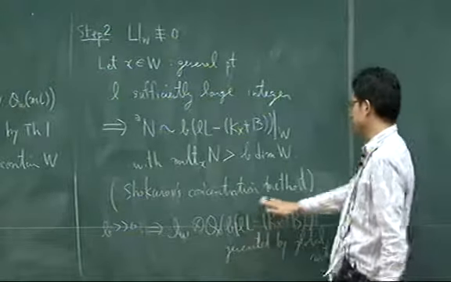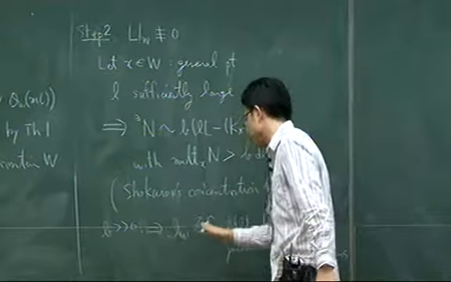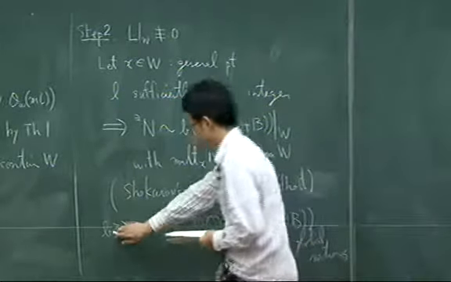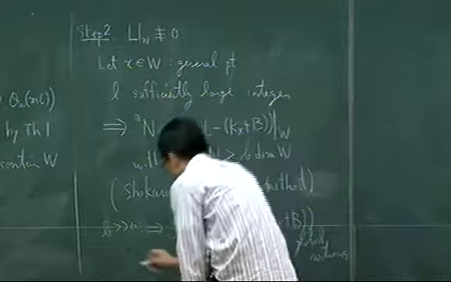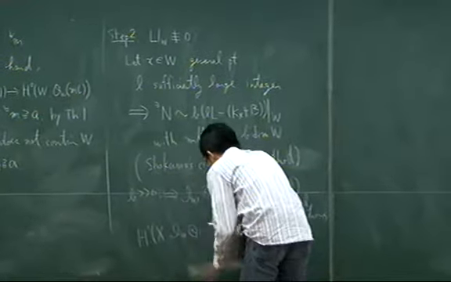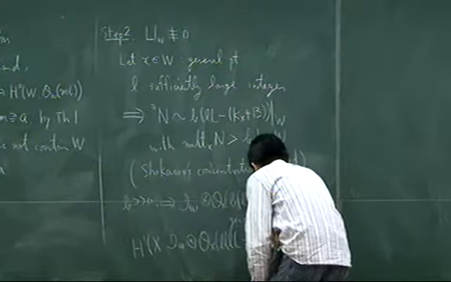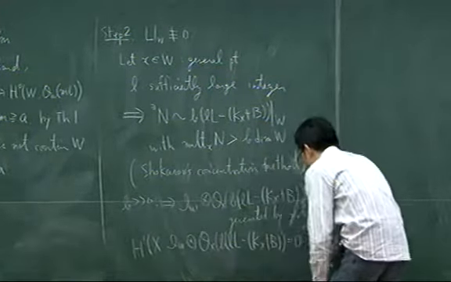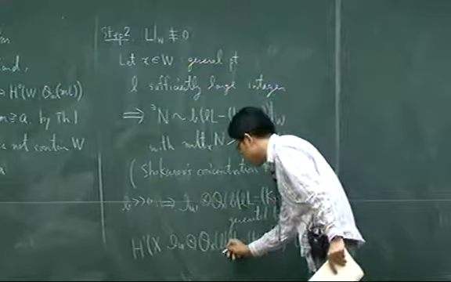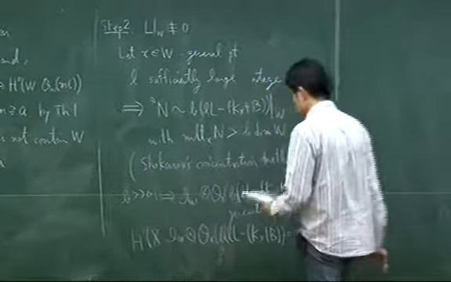This divisor is ample, so taking b sufficiently large, any coherent sheaf tensored with this is generated by global sections. And H^i(X, I_W tensor O_X(bL minus (K_X plus B))) equals 0 because this is ample and b is sufficiently large. This cohomology is 0 by Serre vanishing theorem.